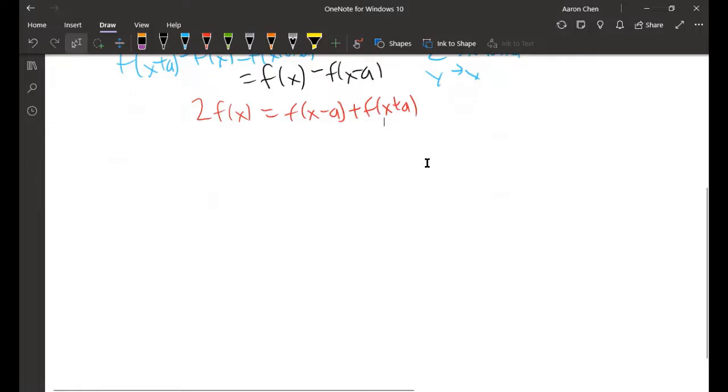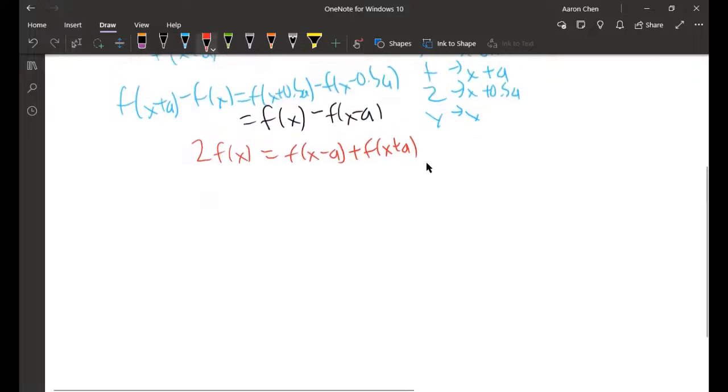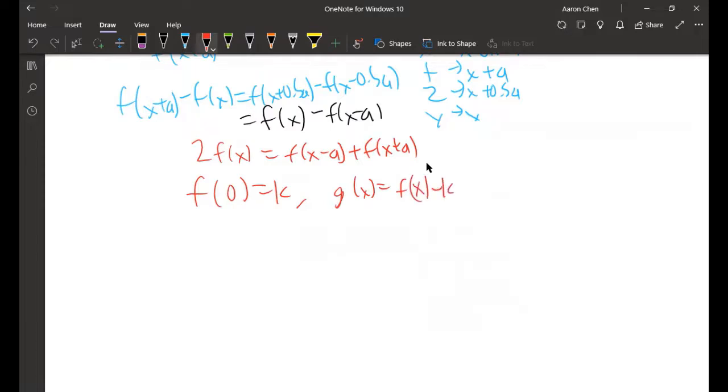And so now, if we let f of 0 equal k, then we can define g of x to be equal to f of x minus k.